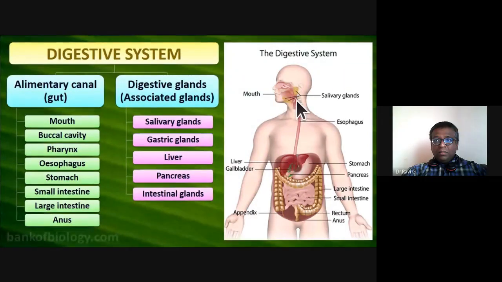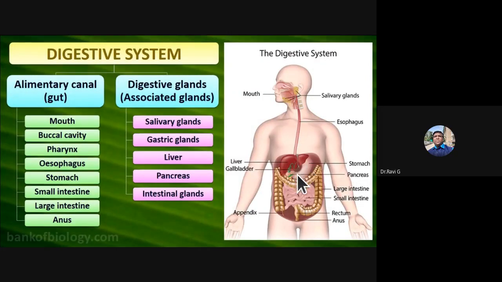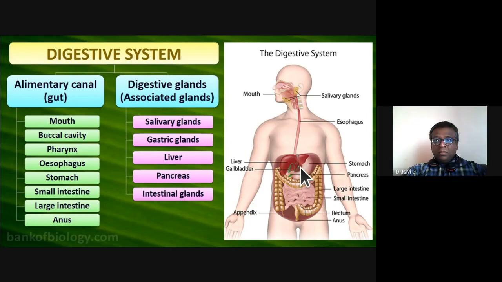Then the other glands are the gastric glands present within the stomach. The liver secretes the bile juice, which is conveyed through the gallbladder, a reservoir of this bile juice. From the gallbladder, it opens into the duodenum of the intestine through the bile duct.